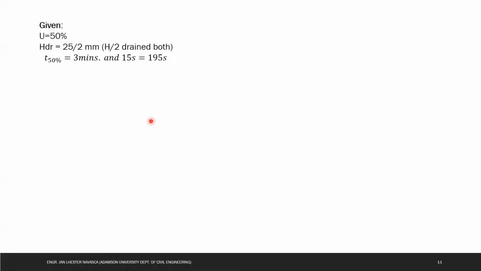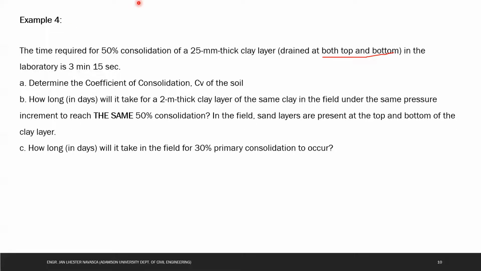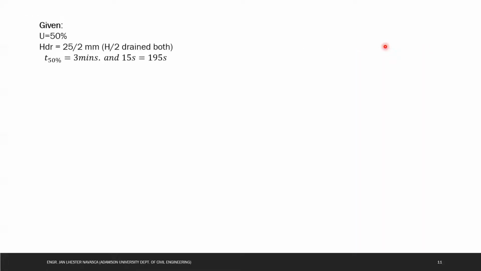Okay, so rewriting the given data from the problem. The degree of consolidation is 50%. The height of drainage, H_DR: according to the problem, you have drained both the top and the bottom of your sample, so H_DR will be H over 2, since it is drained from top and bottom.